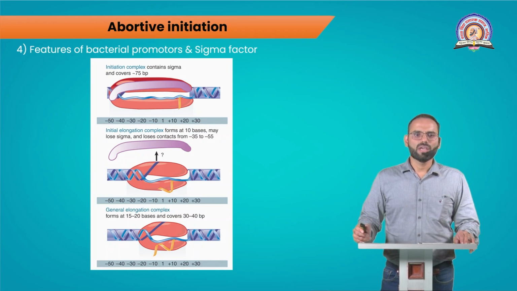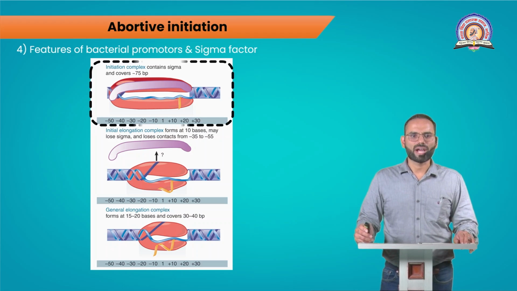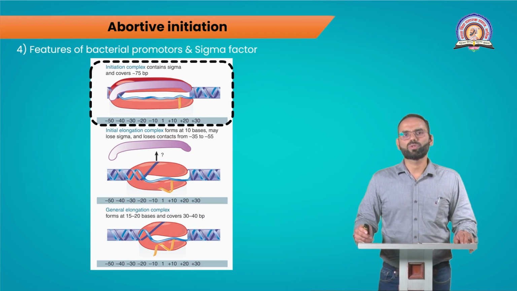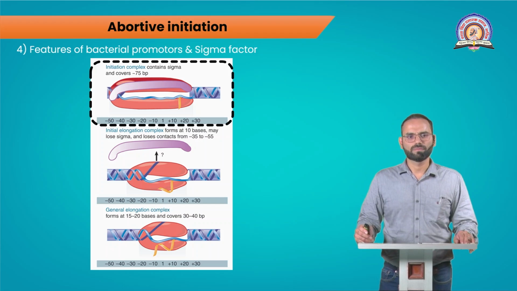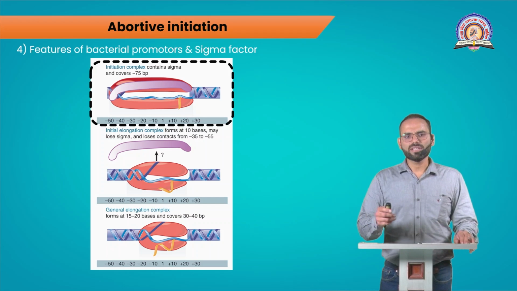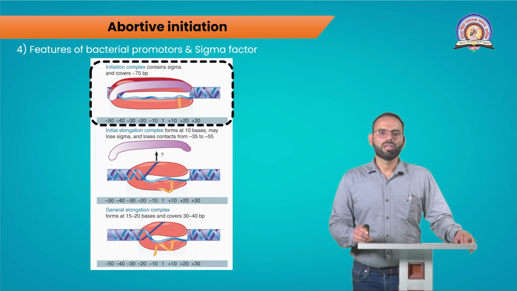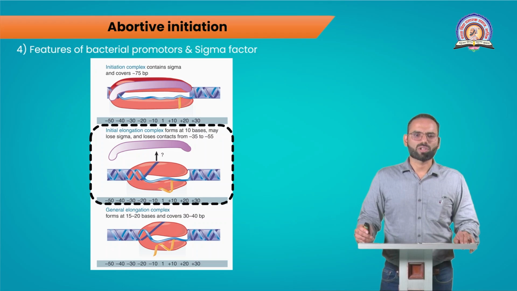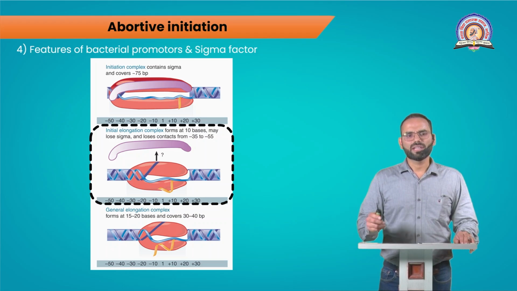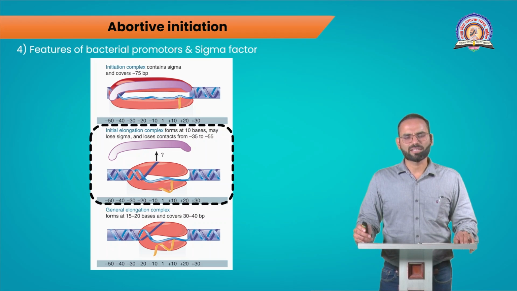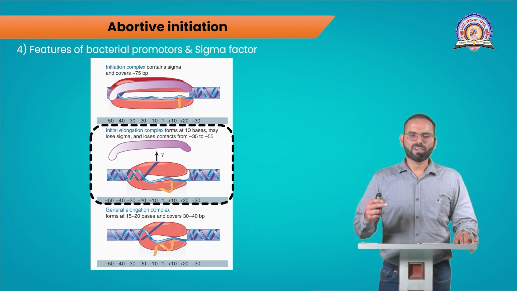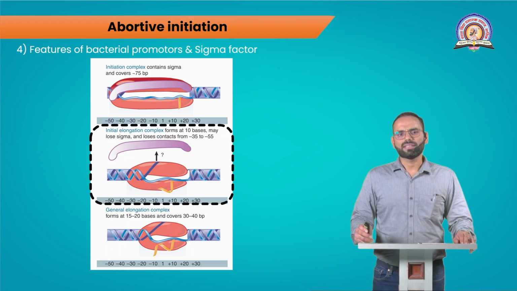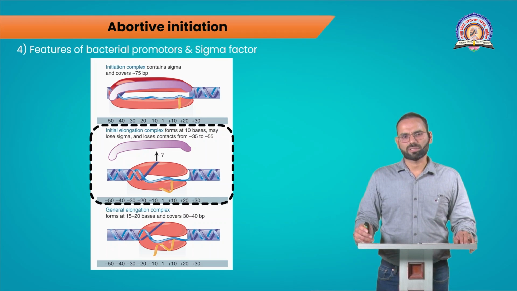So initially, when the sigma complex binds, it almost covers up to 75 base pairs. And this initiation of transcription can result subsequently in an abortive process. So in this case, there is initial transcription, but after a few rounds of nucleotides are added, the sigma factor is immediately released, and that results in an abortive process.